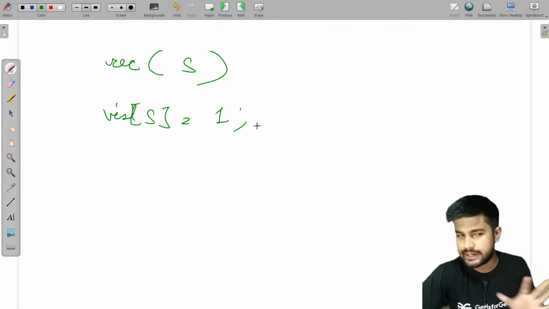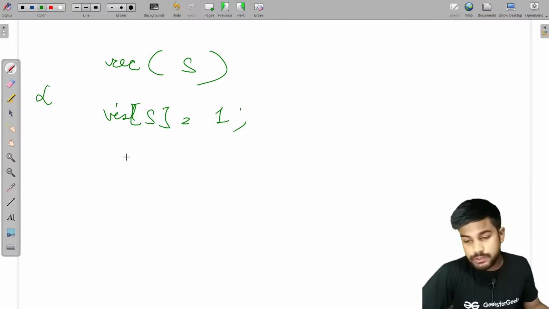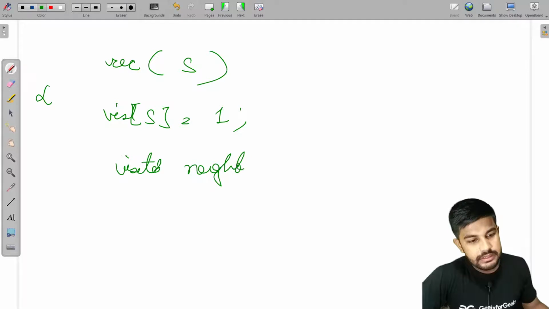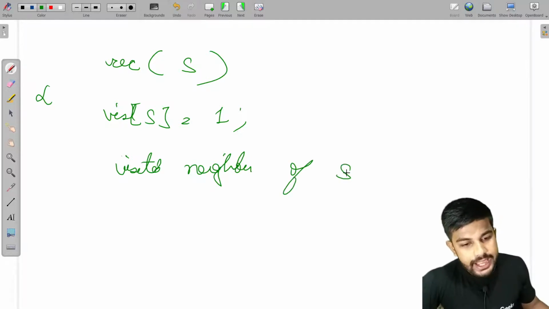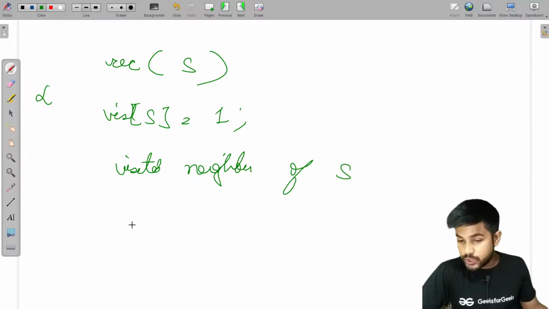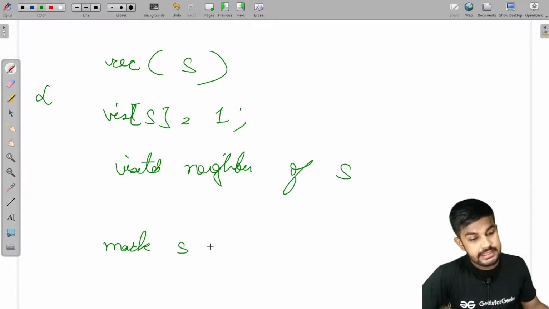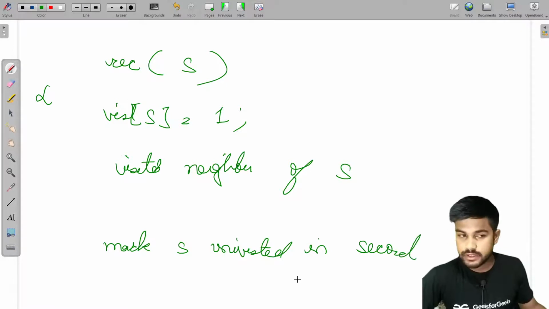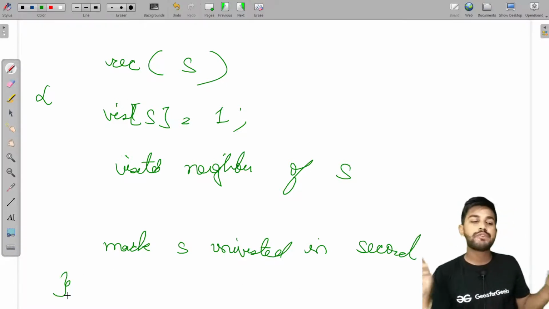Next we would visit the neighbors of S, and then we would mark S unvisited in the secondary array. Good to go. This is what we would do.